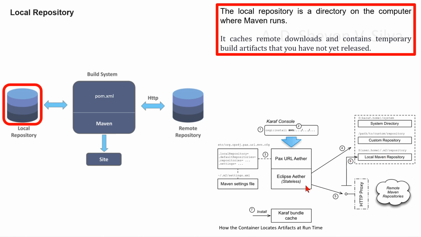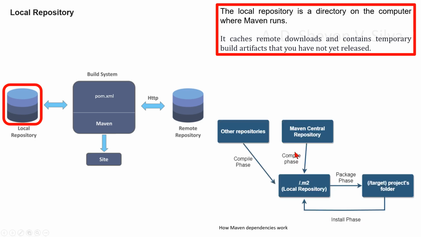Step 5 here the Eclipse Aether stateless is connected to HTTP proxy remote Maven repositories here. Step 6 here it is connected to the Maven local Maven repository, and step 7 the install of the Karaf bundle cache is connected to the Karaf bundle cache via install.